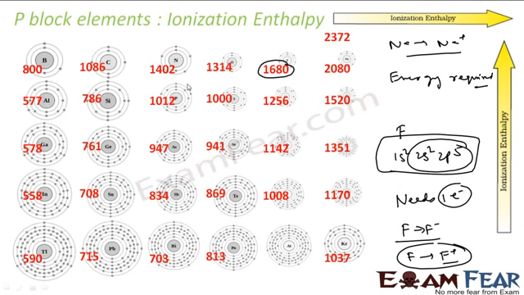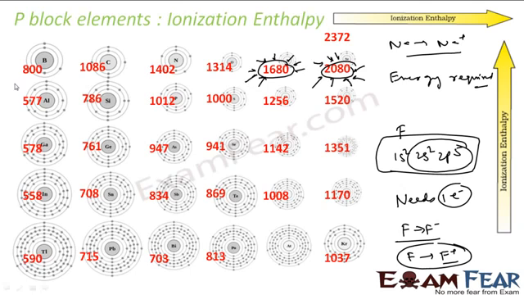You really need to provide very high energy to pluck 1 electron from fluorine. Similarly, noble gases are happy, they are noble, they are stable, right? They don't want any kind of transaction as far as electrons are concerned. They won't give an electron, they won't take an electron. So in this case, the ionization enthalpy is all the more high.